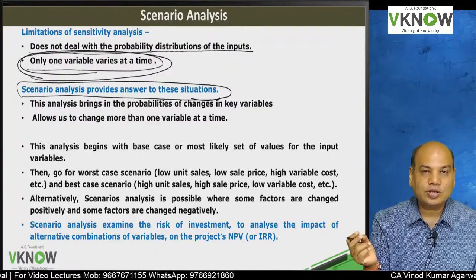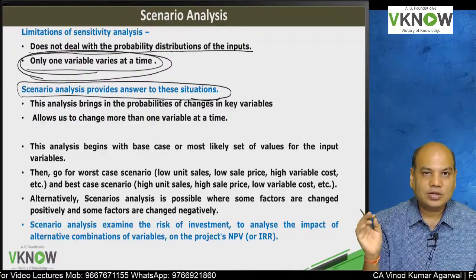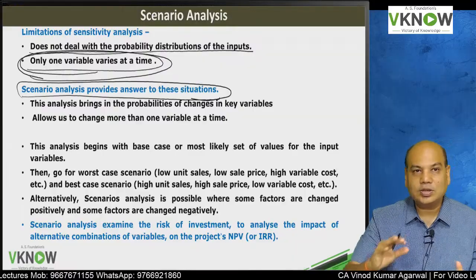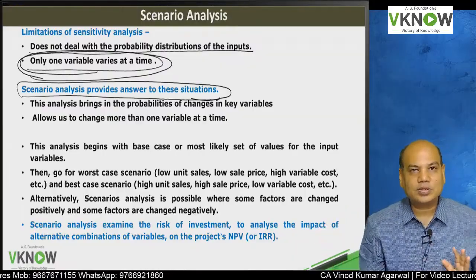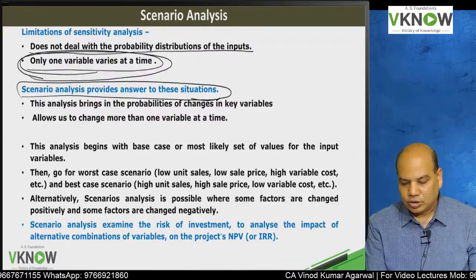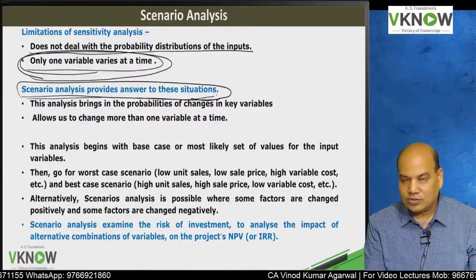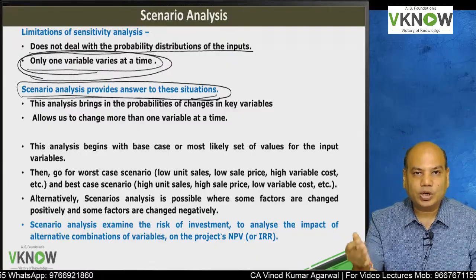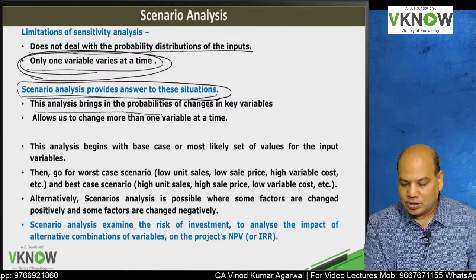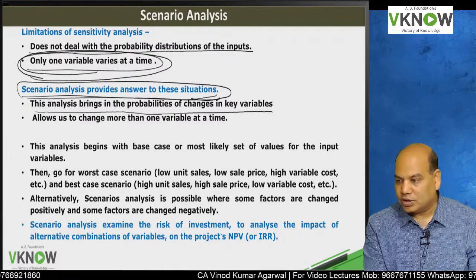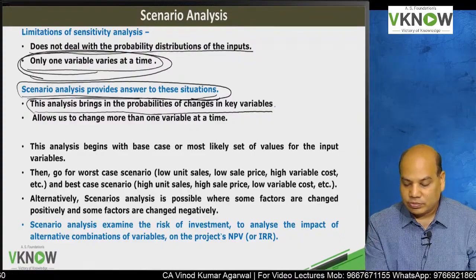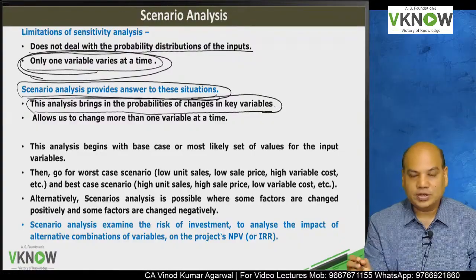Project cost can also increase, sales can also decrease, fixed cost can also increase, and then we will see if this happens, how the NPV would change. So scenario analysis is a slight improvement over sensitivity analysis. This analysis brings in the probability of changes in key variable. So we are also going to consider probability of change in key variable.